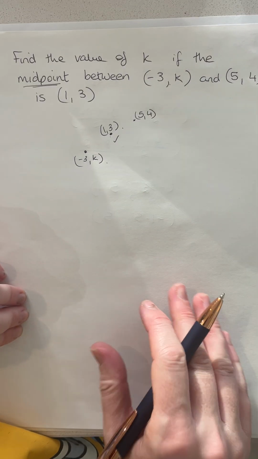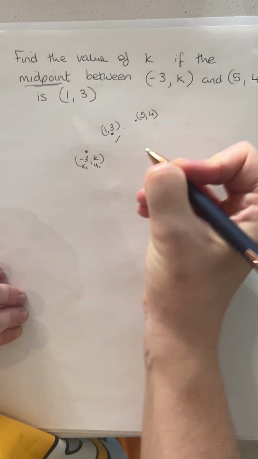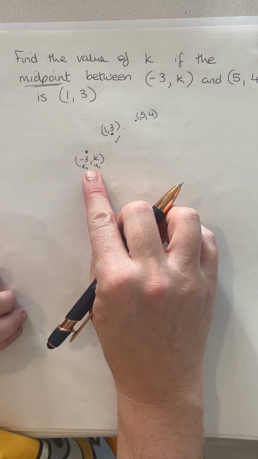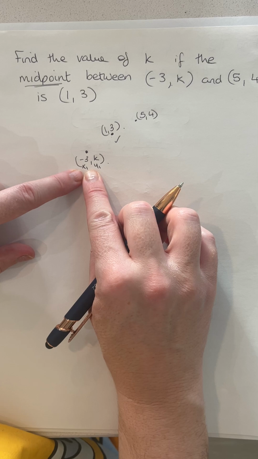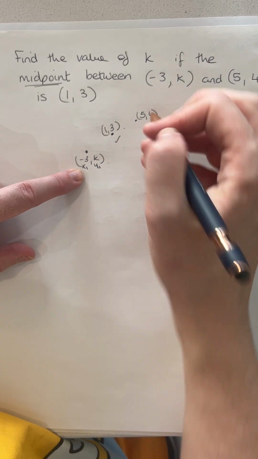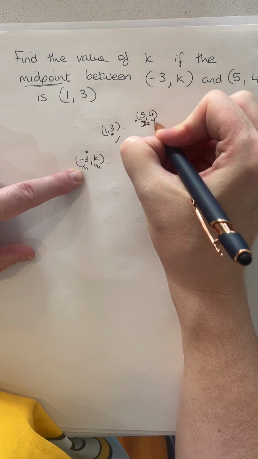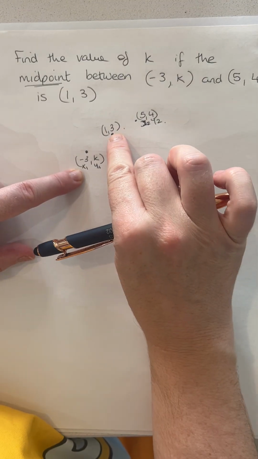Or what you could do is get your midpoint formula. This is my x1, this is my y1, because it's the starting point. This is the ending point here, I'm sorry, x2, y2. And then this is my actual answer.